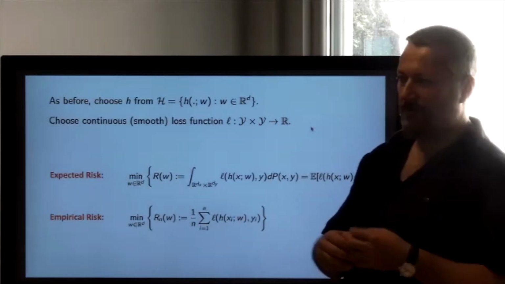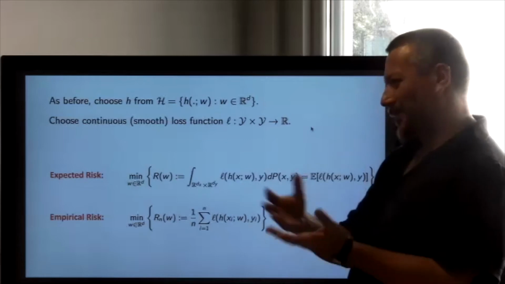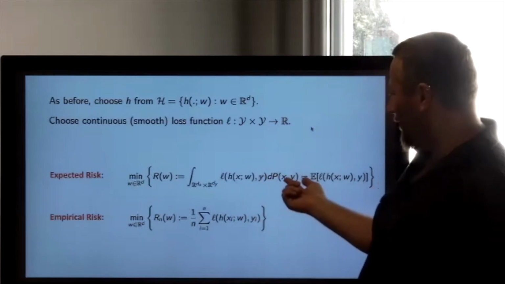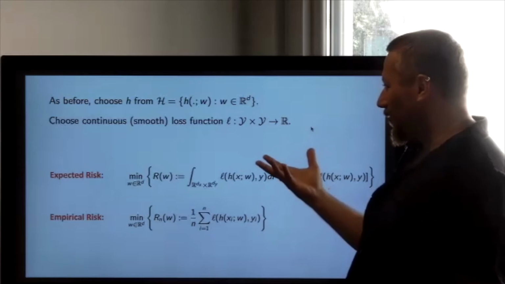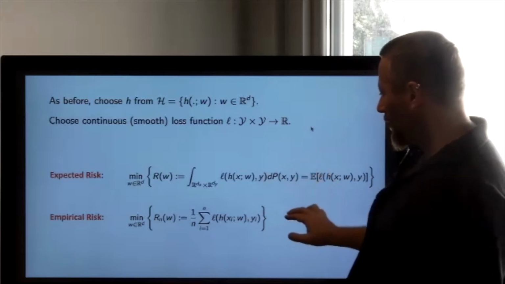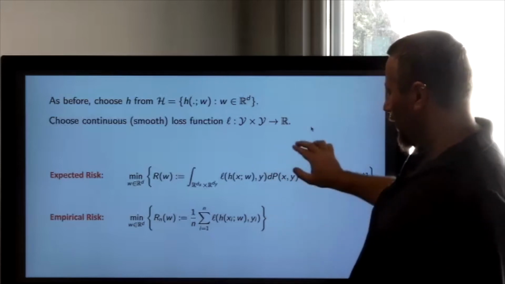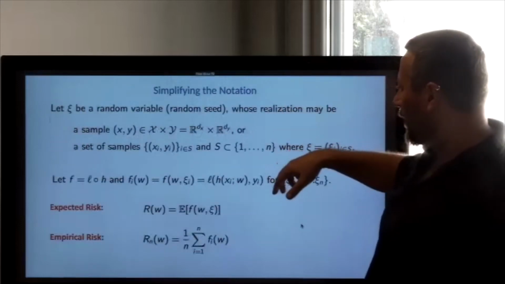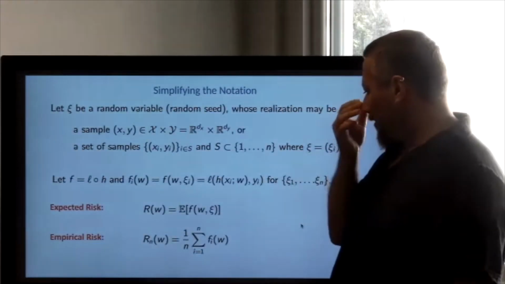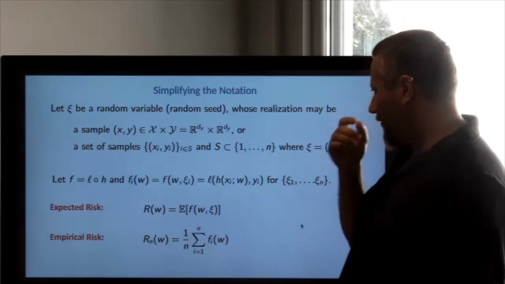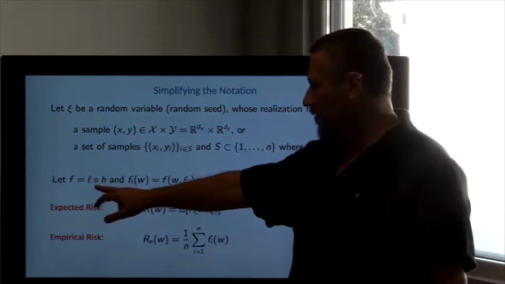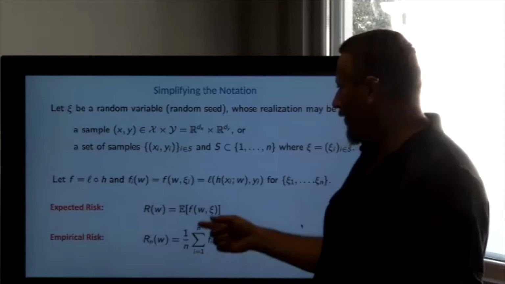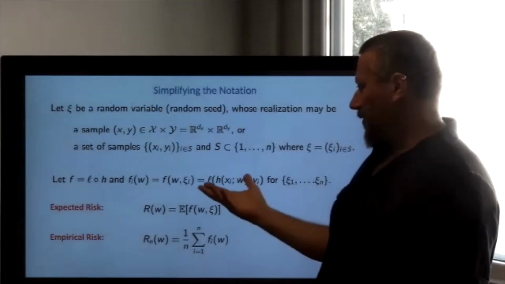Well, for which x you get a y, what kind of a y. So that's what we need, but we don't know that. What we want to do is come up with this prediction function h and a loss function L such that this function f gives you the loss.